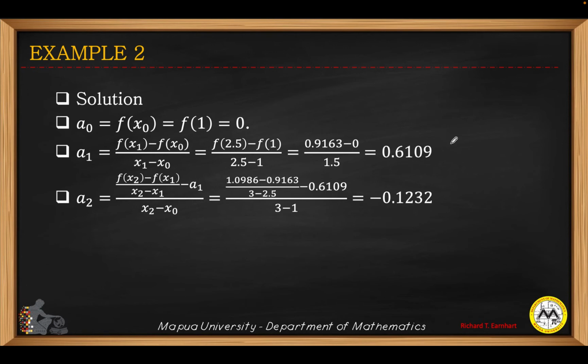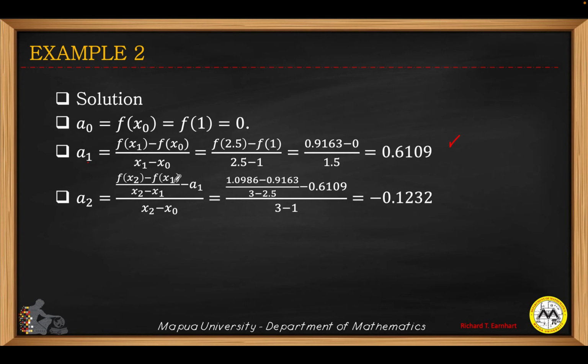So you will get 0.6109 for your coefficient a sub 1. And then for coefficient a sub 2, so your f of x sub 2 is 1.0986. So this is ln of 3.